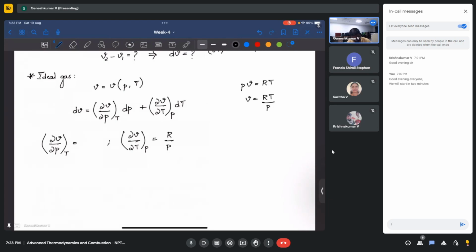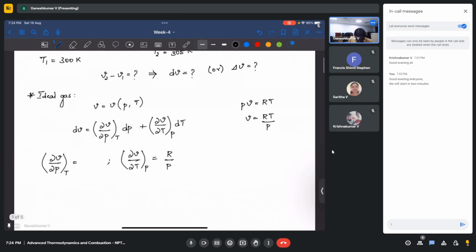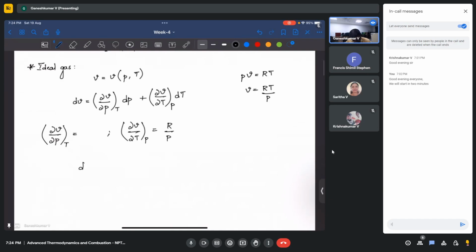So it's going to be 1 by P. So how do we write it?